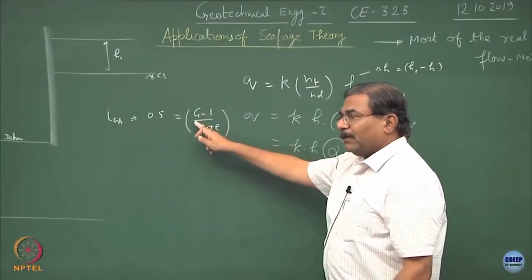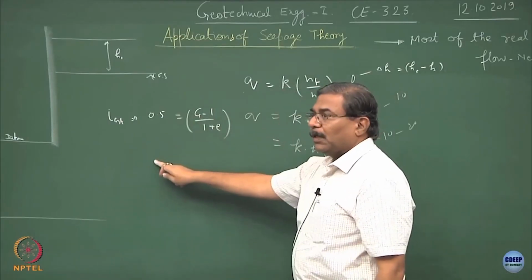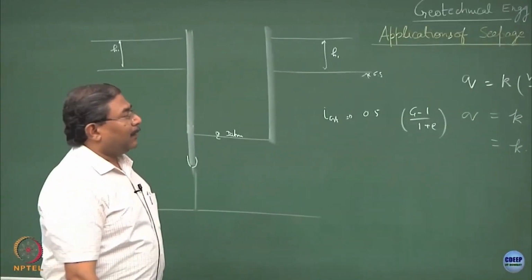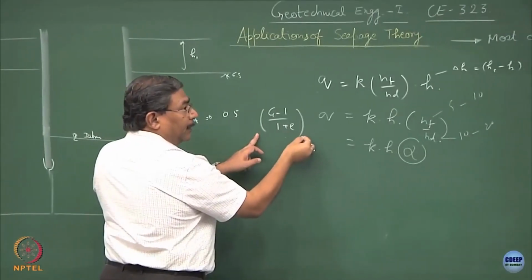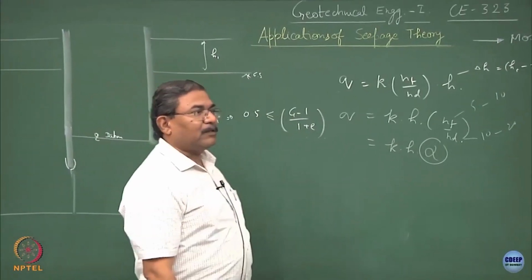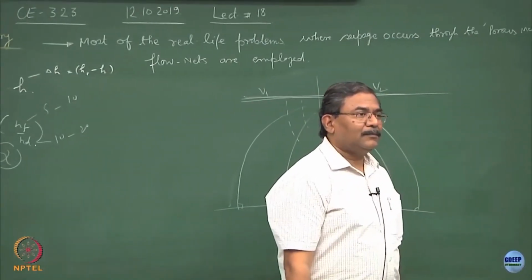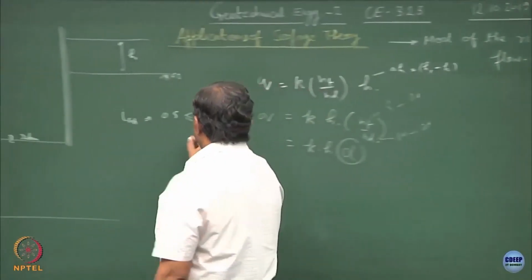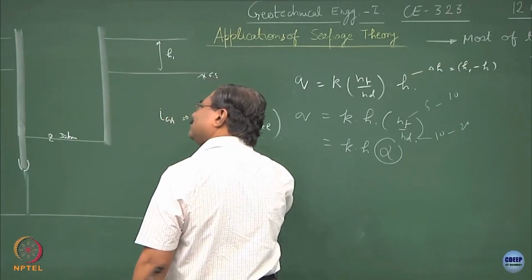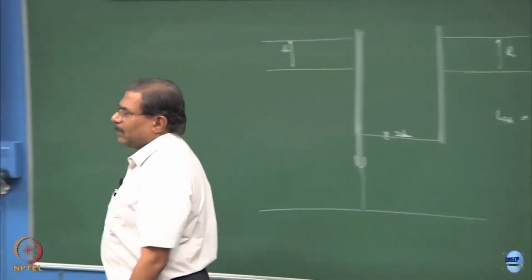The material properties come into application in two ways: the specific gravity of the soil and the void ratio. Suppose this is an inequality, and the theoretical i critical is coming out to be more than the exit gradient which you are getting from the flow net, what is the implication? And suppose it is less than or equal to in one case, and greater than or equal to in another case, what is the implication?